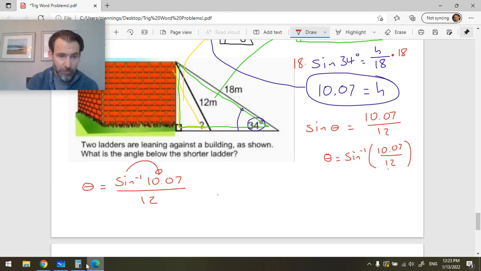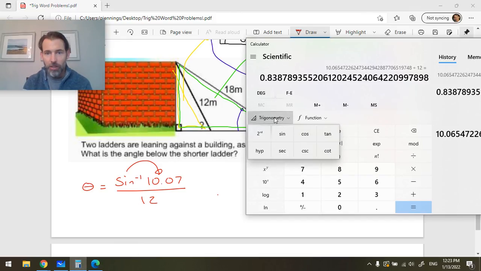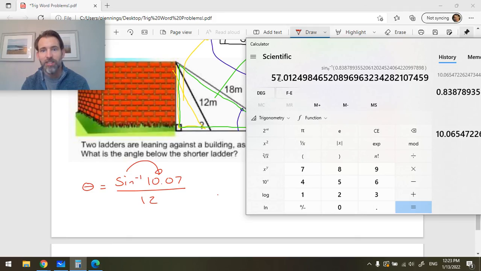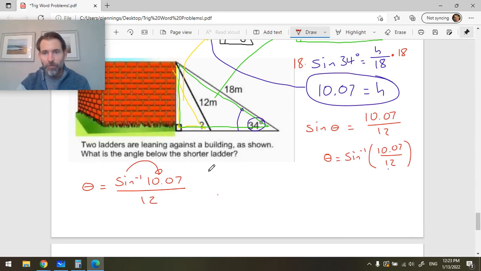Now I go trigonometry, second function. See how that gives me the inverse sine? I click inverse sine and it tells me 57 degrees. Oh, I should have guessed first. I might have guessed 50. So theta there is equal to 57 degrees.